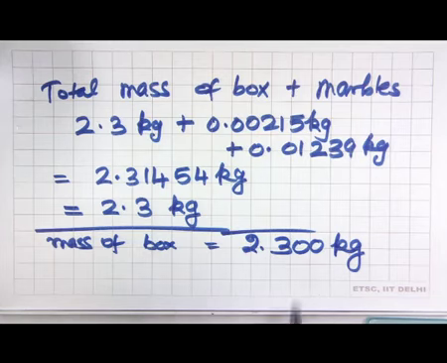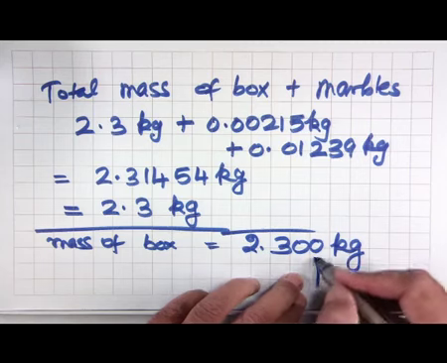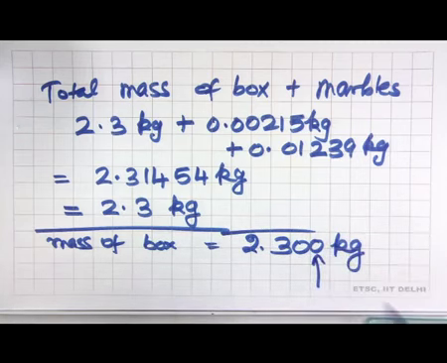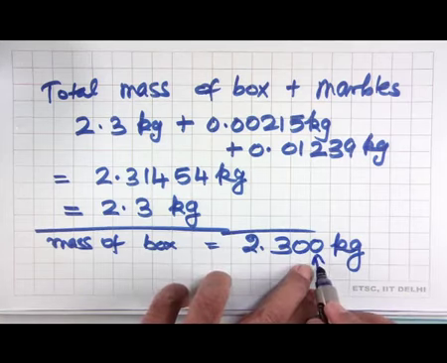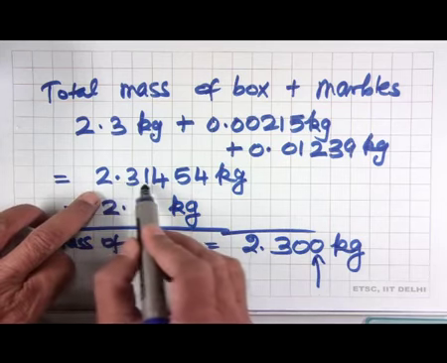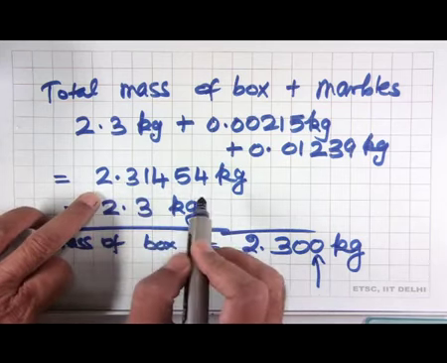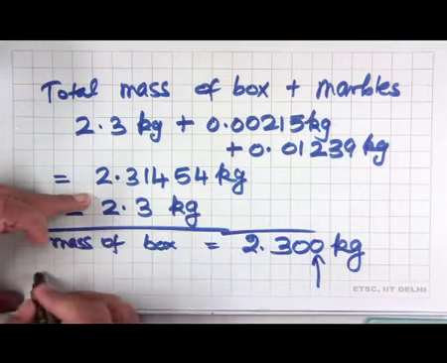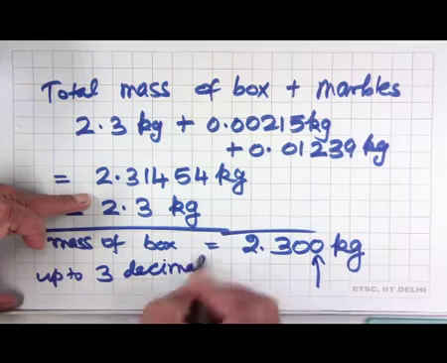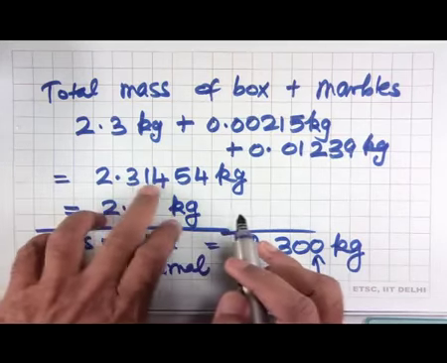Now when you say the mass of the box is 2.300 kgs, that means it has been measured correct up to 0.001 kg. So, we have to go up to 3 decimal places here. In the final answer, we have 2.31454. We have to go up to 3 decimal places. So, now we have 2.314.